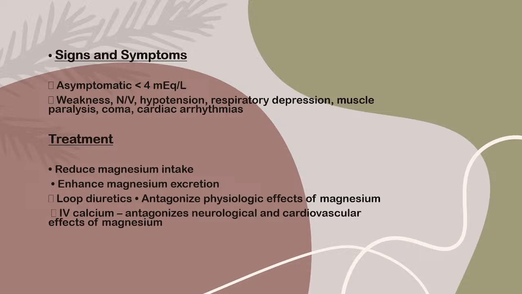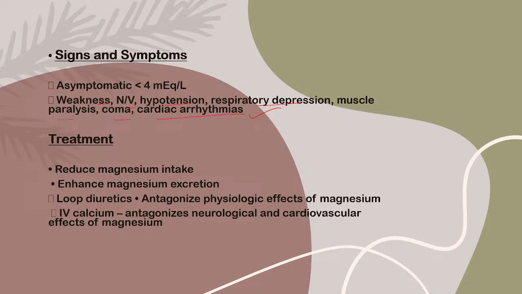Now the signs and symptoms of hypermagnesemia: if it is less than 4 milliequivalents, it is asymptomatic, but if it is more than 4 milliequivalents, hypermagnesemia becomes symptomatic, and it includes weakness, nausea, vomiting, hypotension, respiratory depression, muscle paralysis, coma, and cardiac arrhythmias.